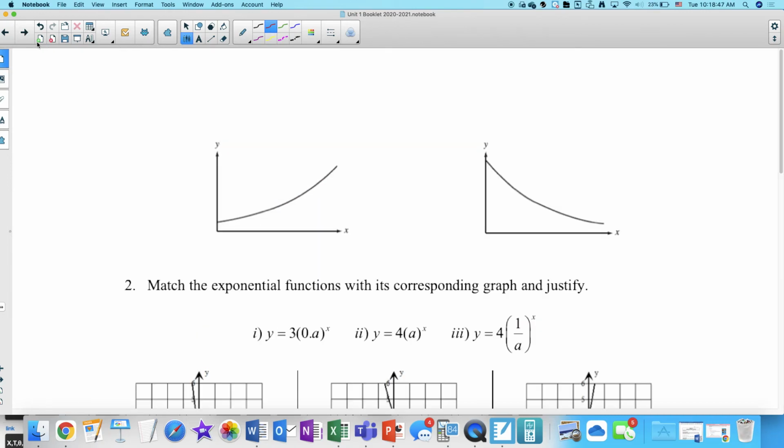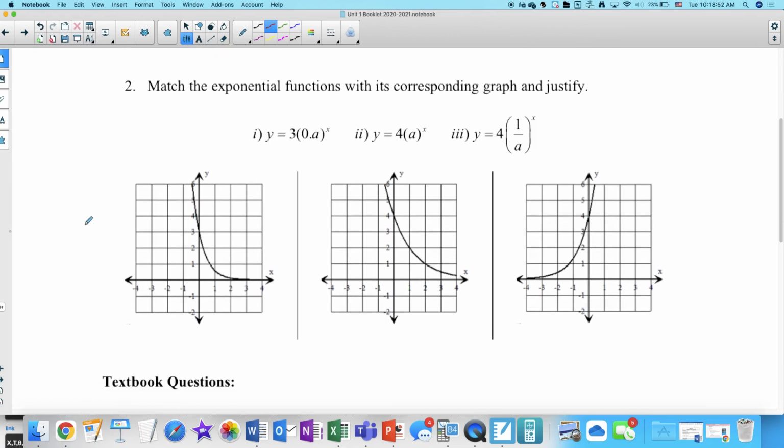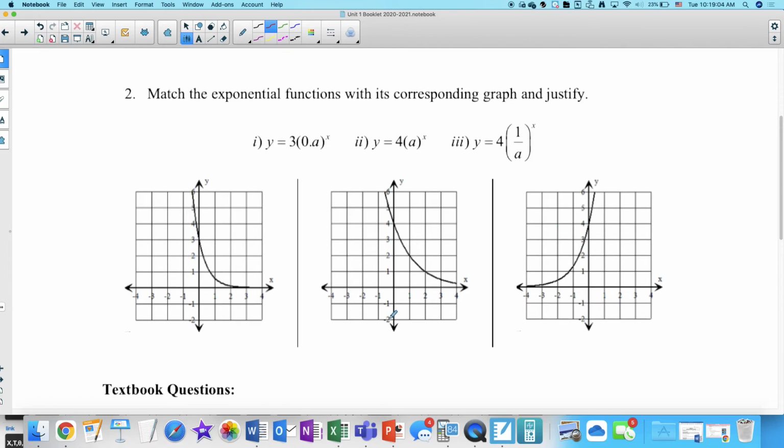All right. Next question. Match the exponential functions with its corresponding graph and justify. So we've got 3 different equations and 3 different graphs, and we need to match them. Okay? Now, one thing that should be in here that is not in here that I'm going to add is that a is a whole number.